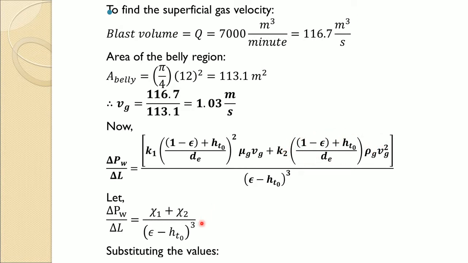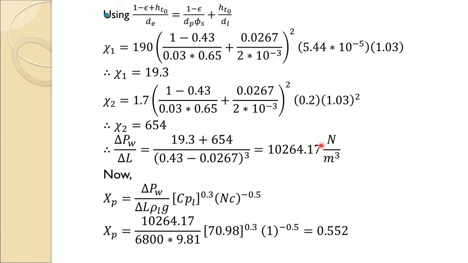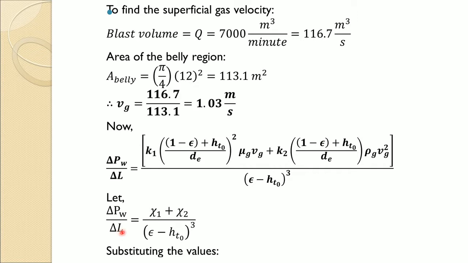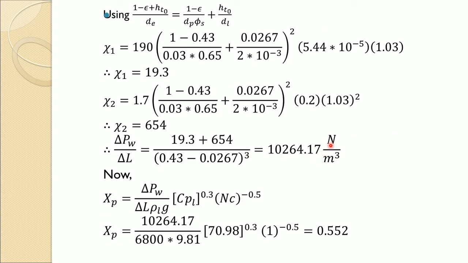So, taking this one as kappa 1 and this quantity as kappa 2, we can calculate separately, and of course the dE, which is coming here, which we have defined before.